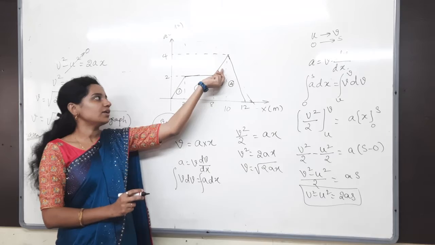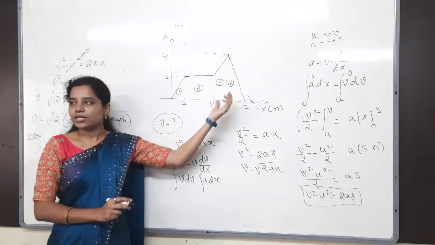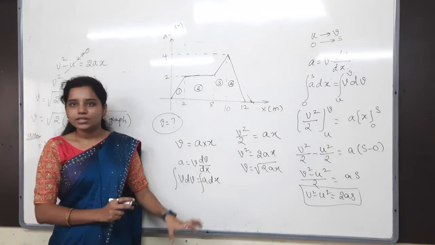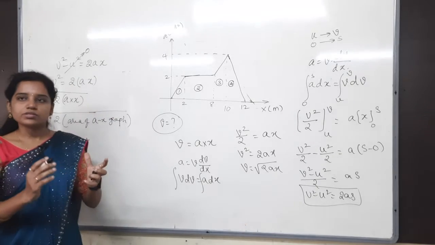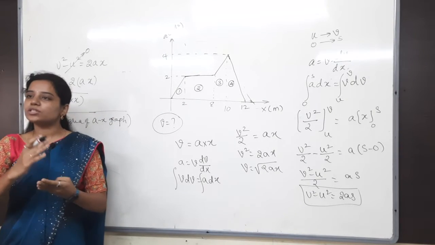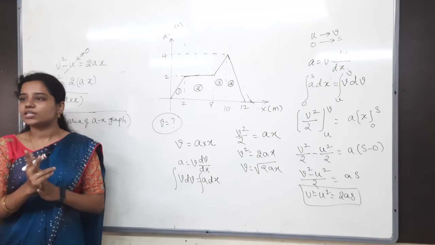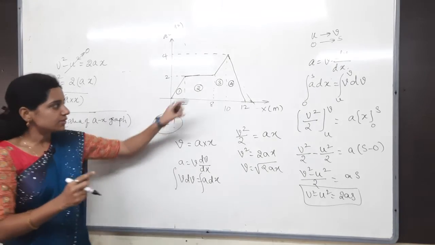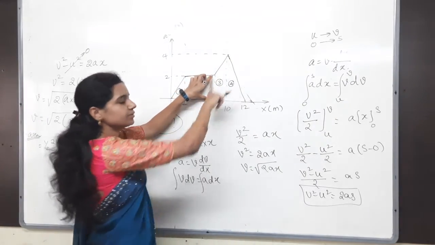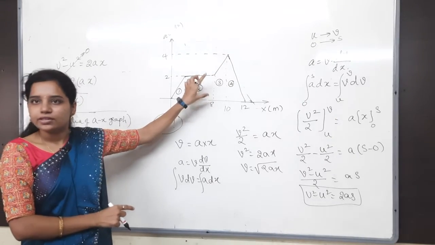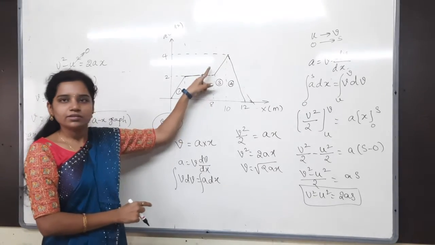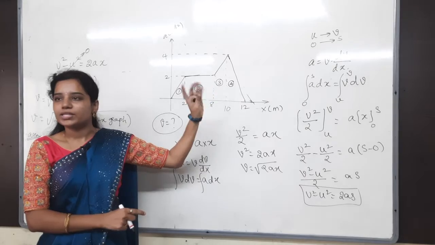You can do this triangle and then the rectangle also if you want. But the direct formula is also half into base into height only. But how many heights do you have to consider? Two heights. One height is here, one height is here. This also looks like a triangle, so the formula is half base height.